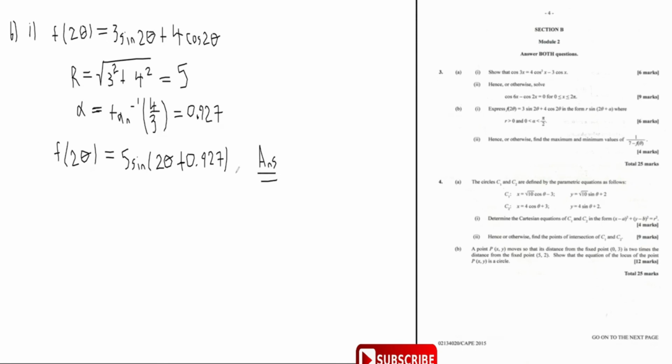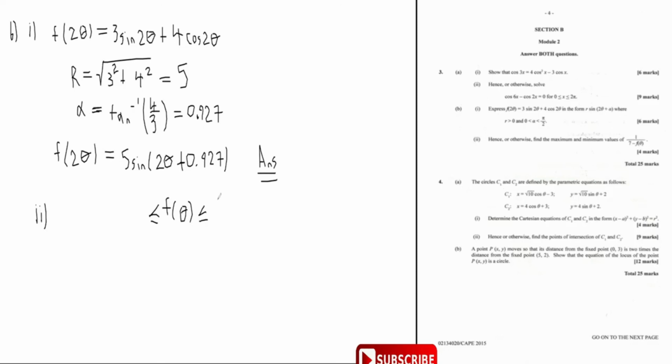The next part says hence or otherwise, find the maximum and minimum values of 1 over 7 minus f of theta. First thing we can start with is that f of theta, and I think that should have been f of 2 theta, will be bounded between r and minus r.